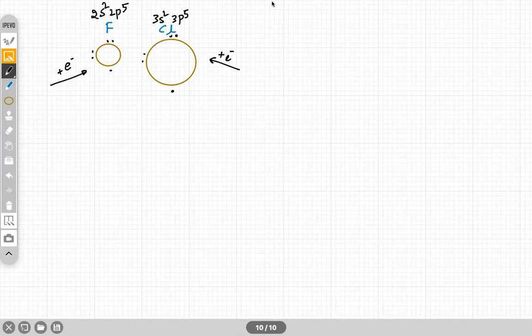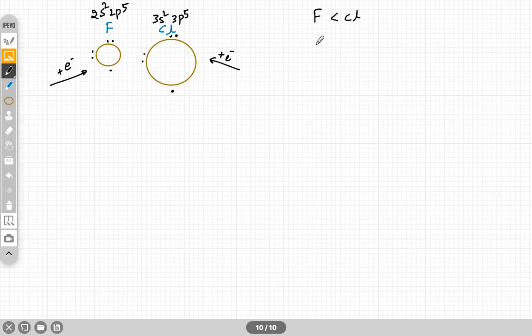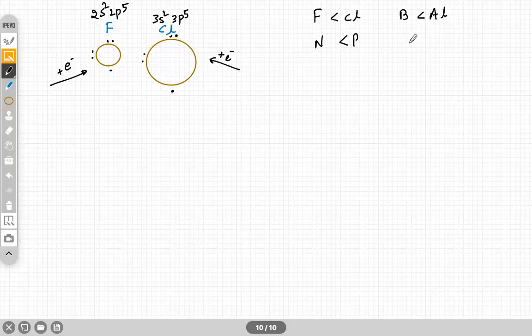For the same reason we have nitrogen and phosphorus, boron and aluminium, and oxygen and sulfur. We have larger size, lesser repulsion, easier to add an electron, more energy released. In this one we have a very important trend, I'll tell you that a bit later.